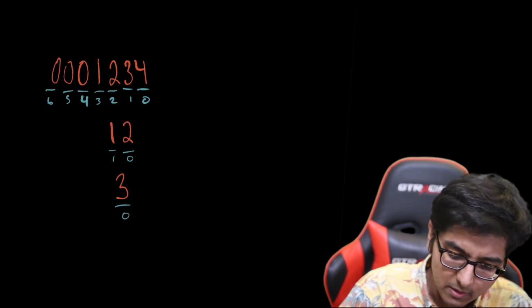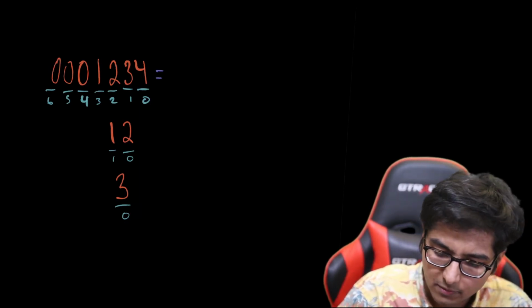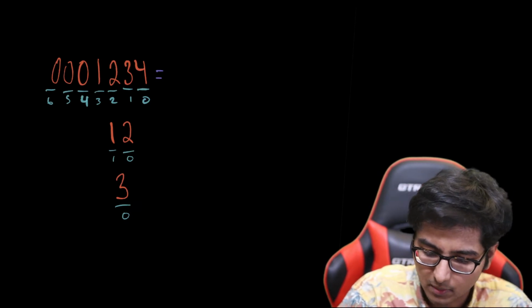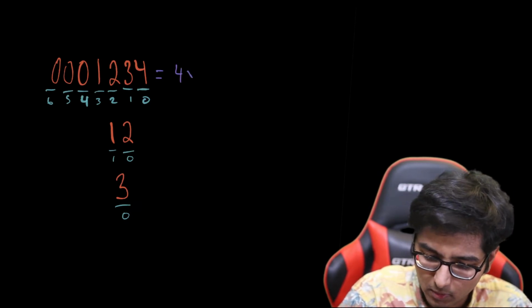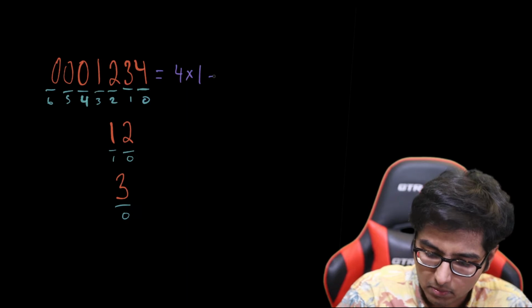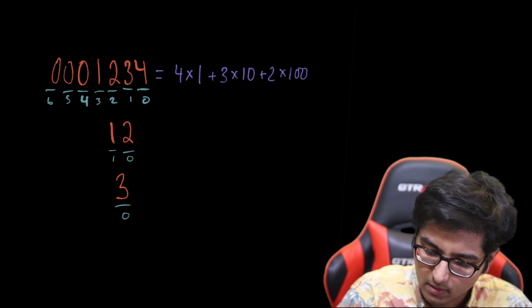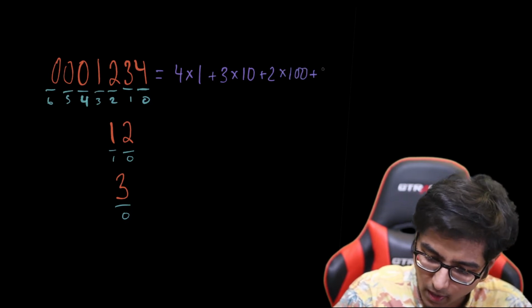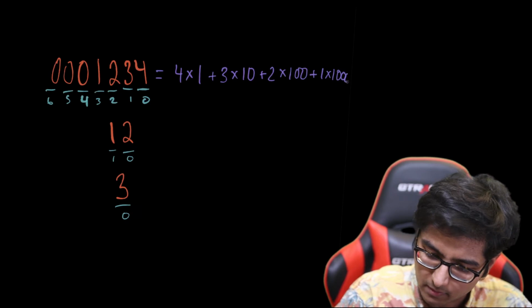We can view these numbers almost as a sum of some things. So we can think of it as 4 multiplied by 1 plus 3 multiplied by 10 plus 2 multiplied by 100 plus 1 multiplied by 1000.